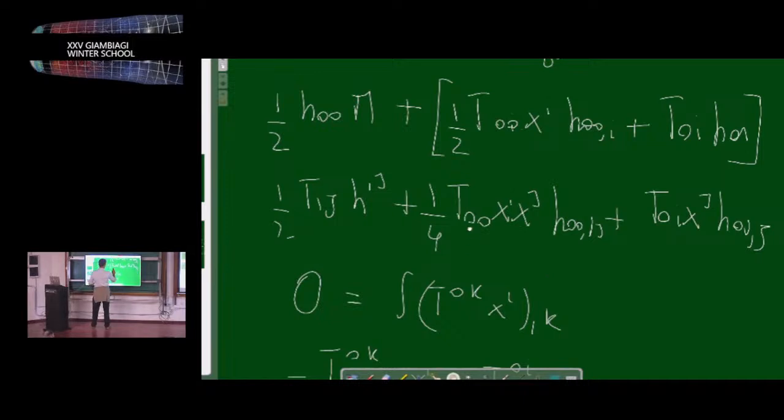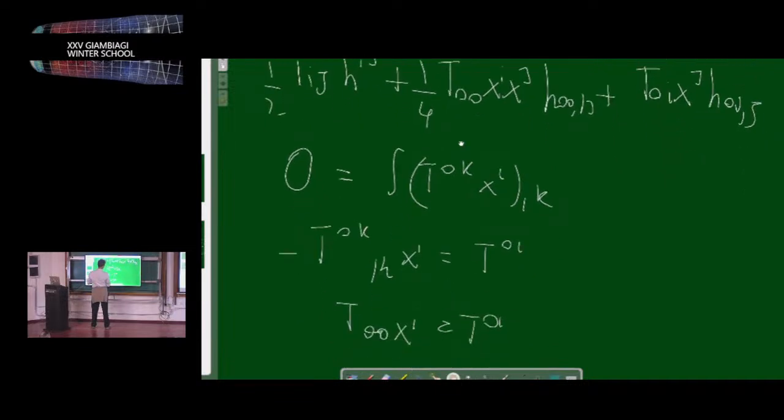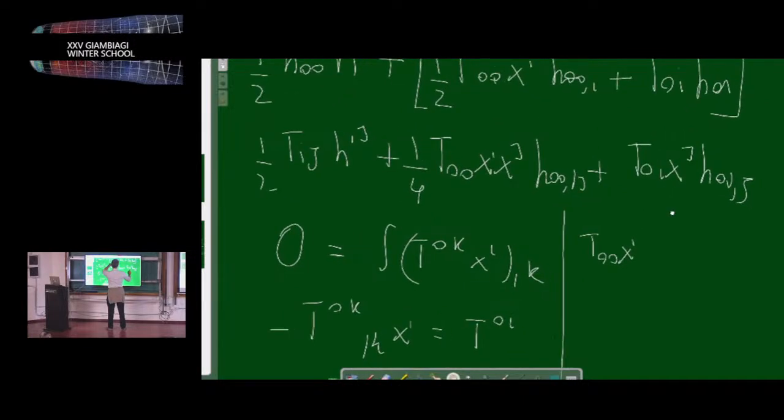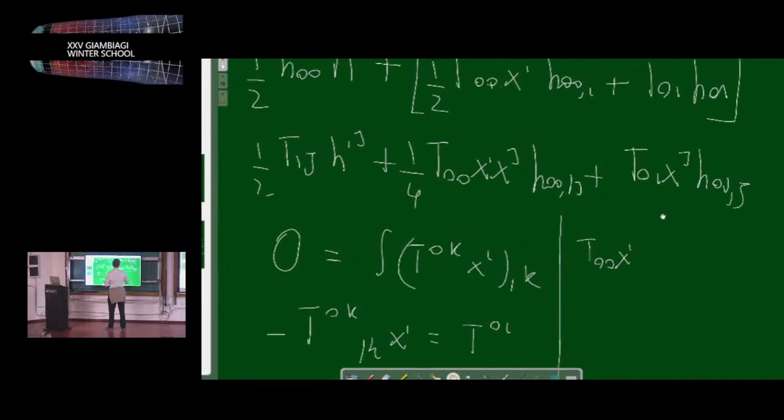So if I trade T0I for T00 dot xi, look at what happens. I get a coupling of T00 xi, with the 1/2.